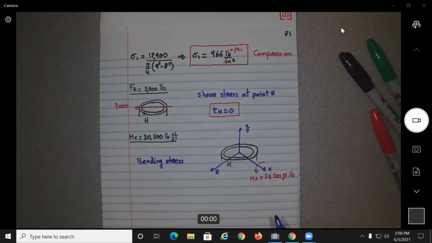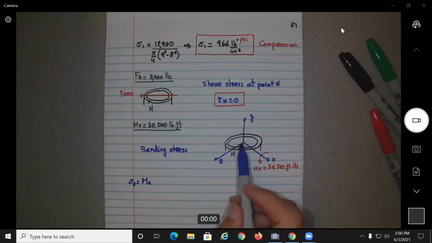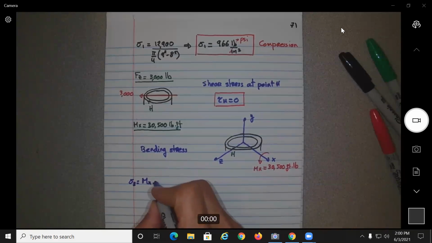So if it's bending, what is the equation? Sigma 2 will be equal to what? Mx times z. The stress will be changing with respect to the cross section in the x, z direction, no? So this will be Mx z divided by I of x.